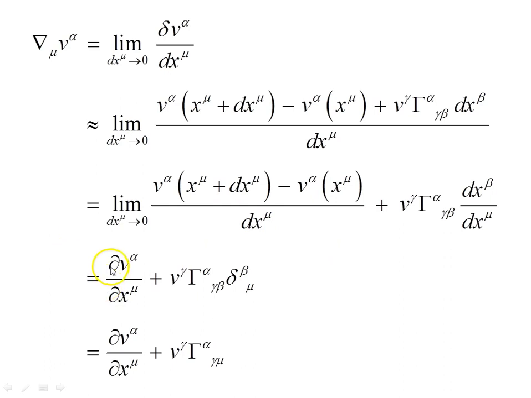It's the partial derivative, ∂V^α/∂x^μ, the usual definition for the partial derivative. And for this object here, the Kronecker delta applies, ∂x^β/∂x^μ gives delta^β_μ, and when we do that, the beta here and the beta there become mu.